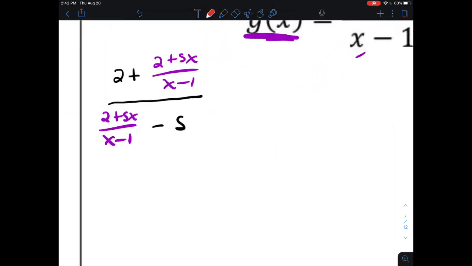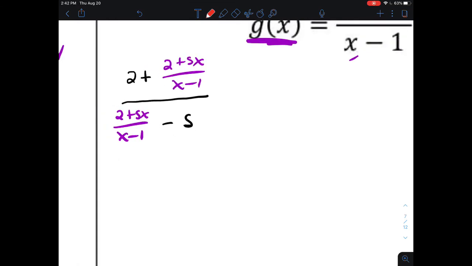So what I'm going to do from here is I'm going to multiply this problem by the denominator of that fraction to try to get it to simplify. So I'm going to multiply both the numerator and the denominator by x minus 1. So I'm going to distribute that in to both terms. So we have 2 times x minus 1.